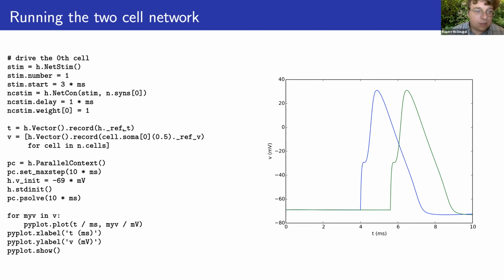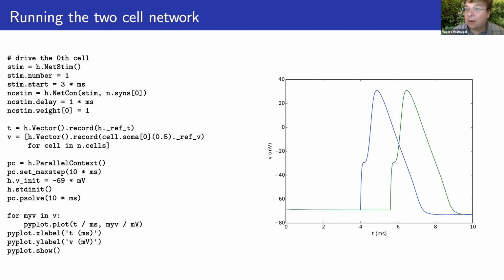I'll go ahead and record time, and I'll record all of my membrane potentials. I'll construct my parallel context object. I will have a maxstep, initialize it, and solve it for 10 milliseconds. And then I can plot everything. And here we go.